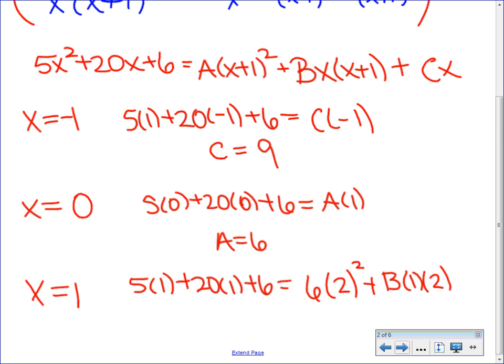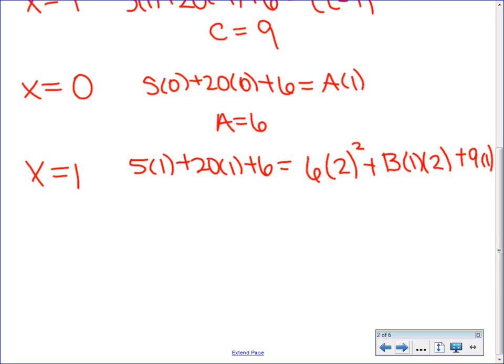C is 9, so we have 9 times 1. So what is b? Isn't it -1? I agree.